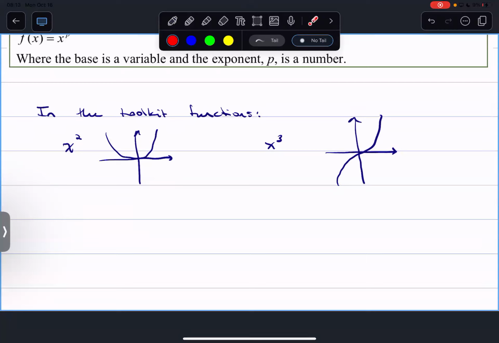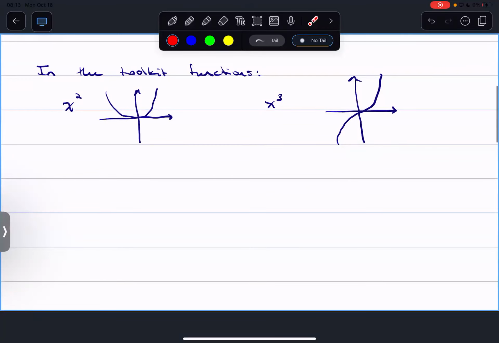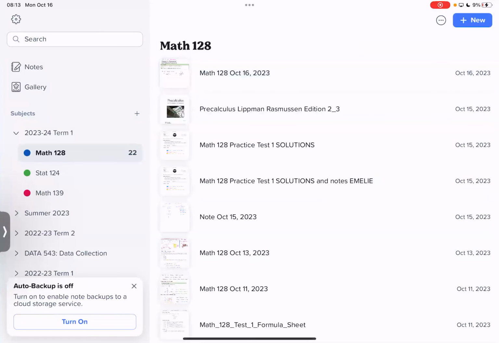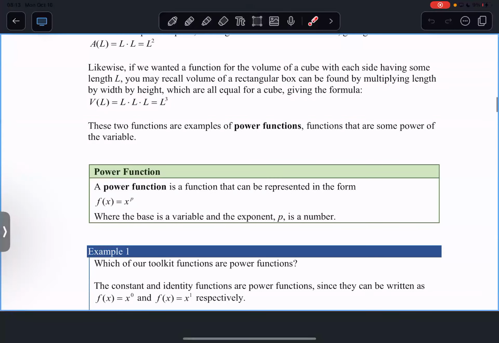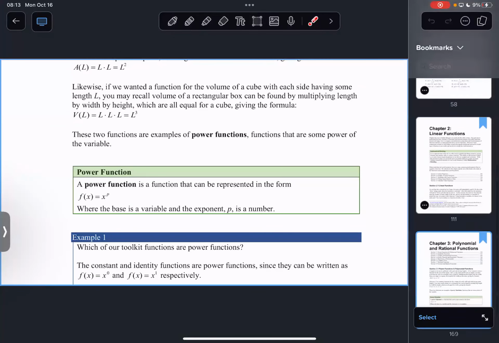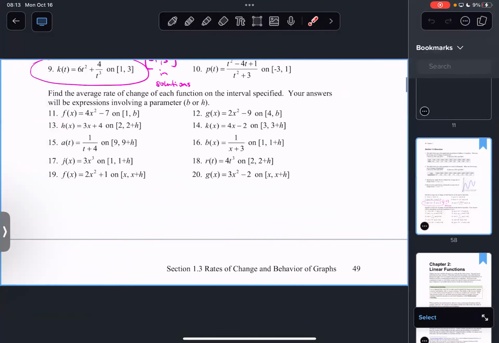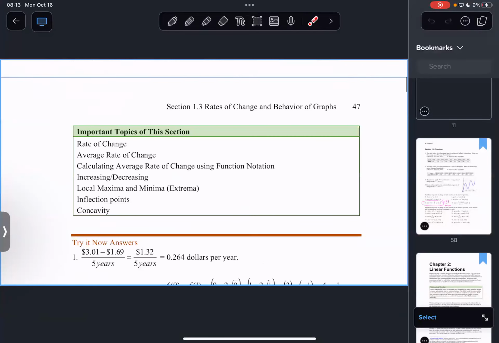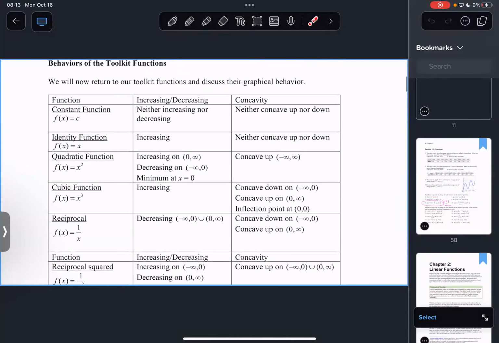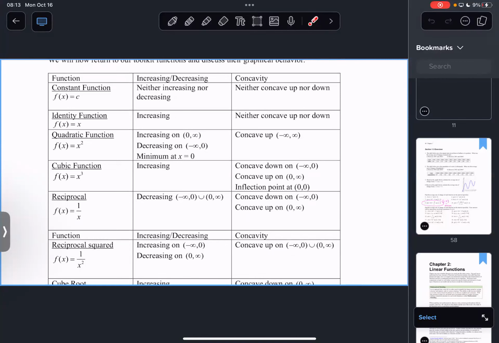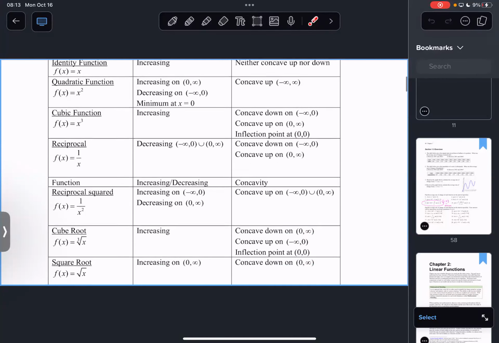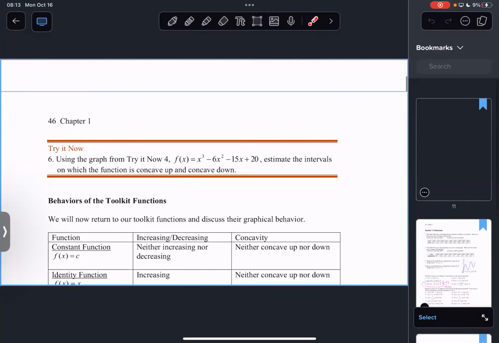What are some other toolkit functions that we've seen that could be rewritten as power functions? Well, where are those toolkits? I hope I have them. I don't. Bookmarked. Does anyone remember what section they were introduced in? I feel like it was 1.1. Yeah. Oh, here's some, but it was 1.1.